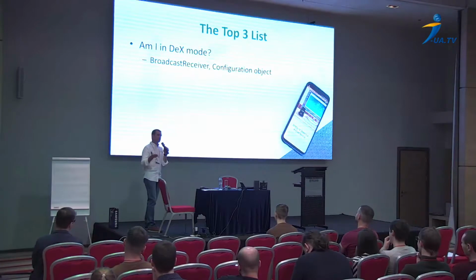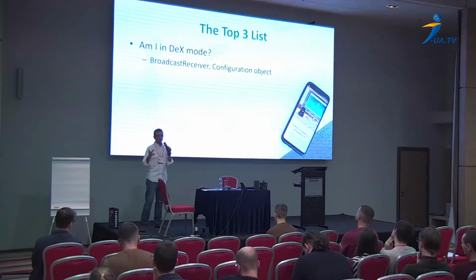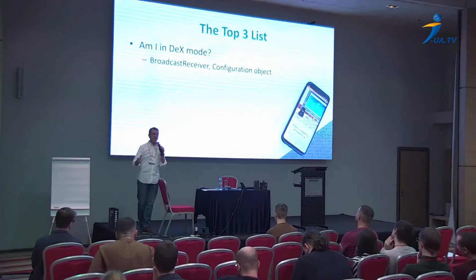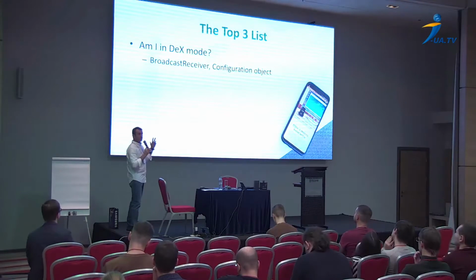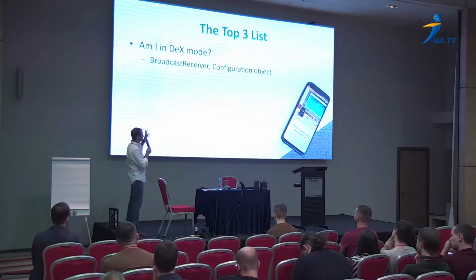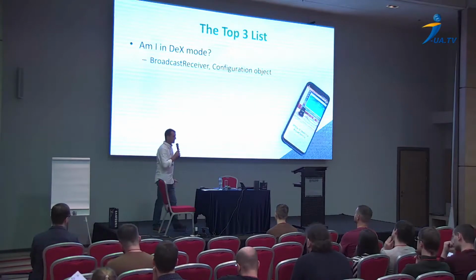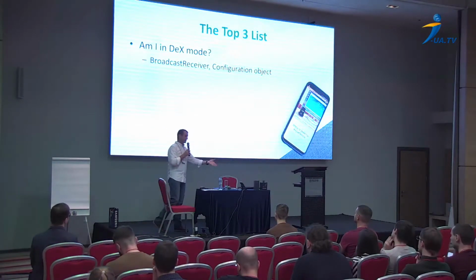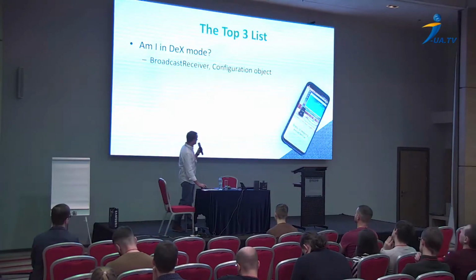Like, for example, when you implement onPause callback, you may put a check: if I'm in a desktop mode, then perhaps I shouldn't stop my video playback. There's a couple of ways of doing it. You can either implement a broadcast receiver and receive a broadcast every time your phone is plugged or unplugged from a DeX Station, or you can query a configuration object, Android configuration object. Again, it's from core Android API.